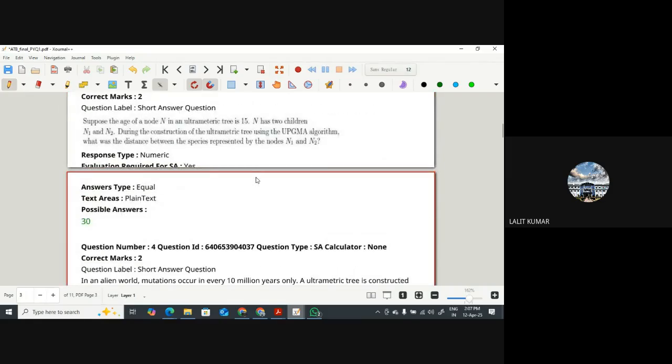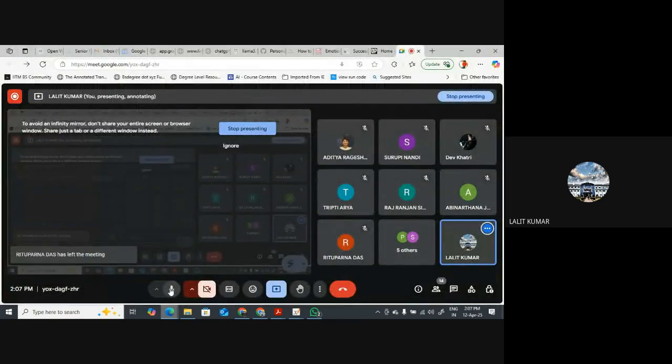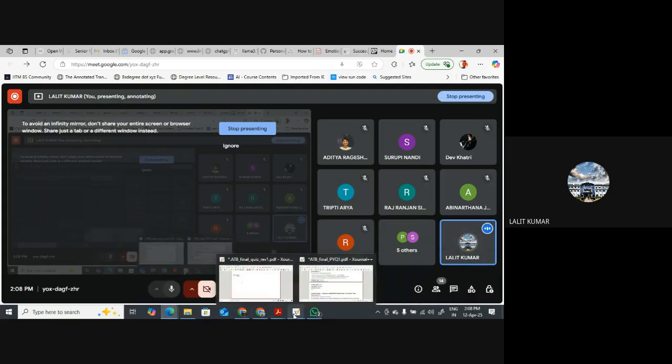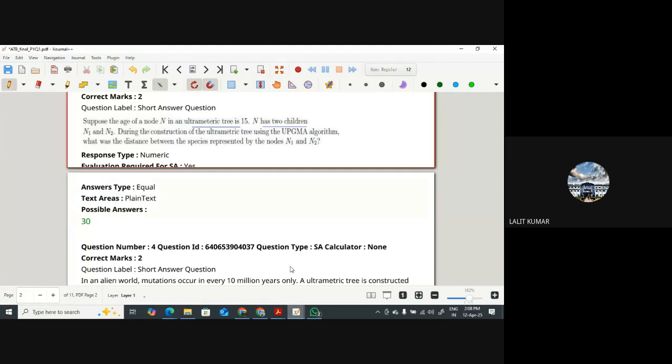Suppose the age of a node in an ultrametric tree is 15, and it has two children, N1 and N2.